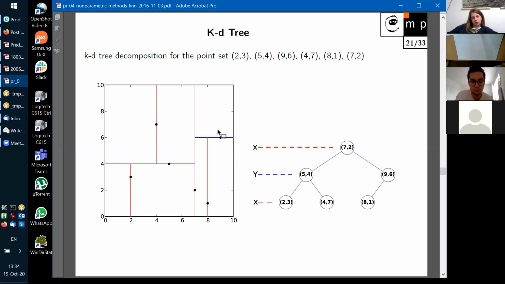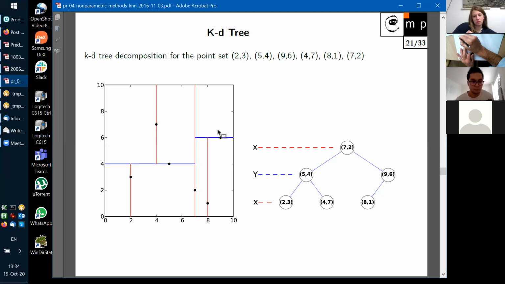So how does the KD3 work? Maybe you can think about a binary search in 1D, but here we are in many D. We are showing it in 2D, but the KD3 construction works in any dimension. So we take the points, we choose a direction, dimension.